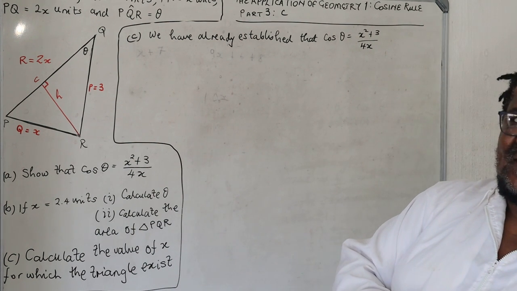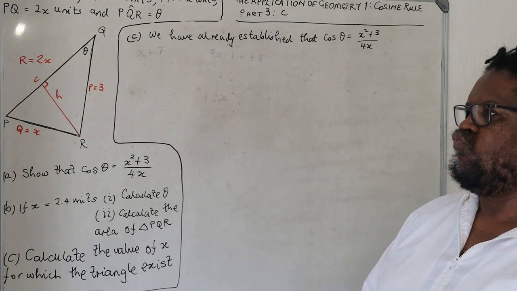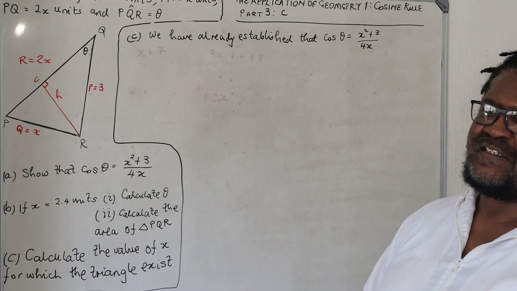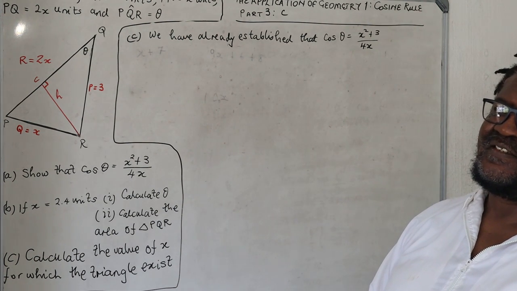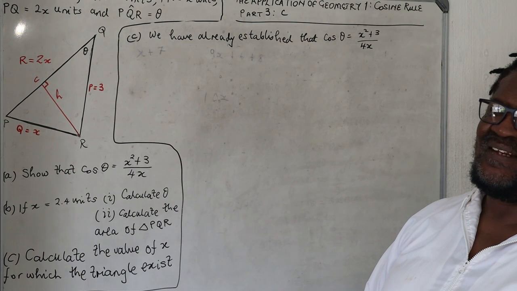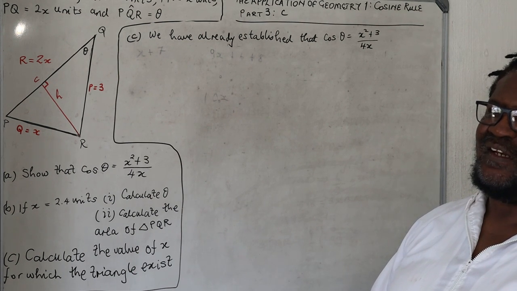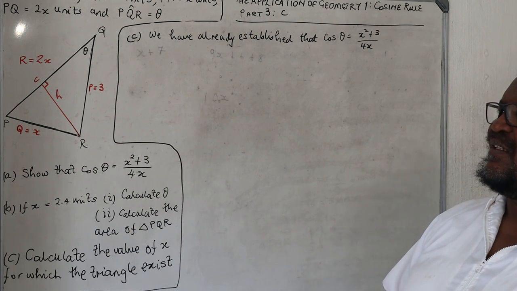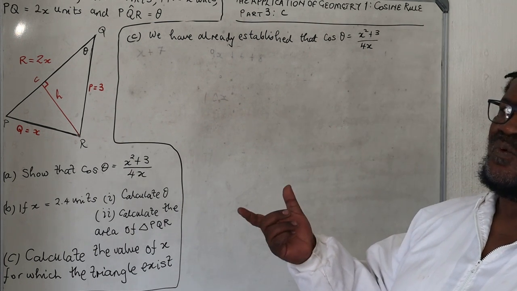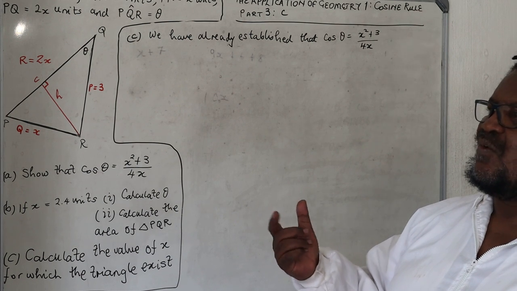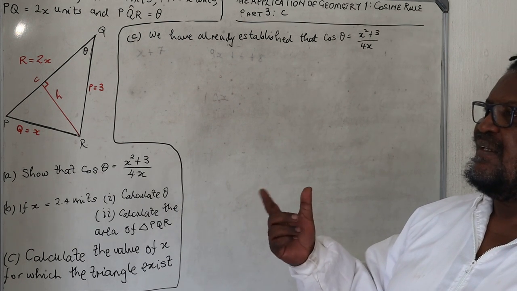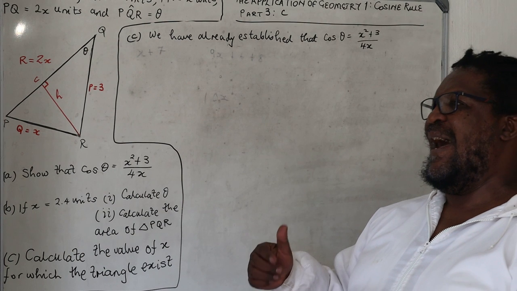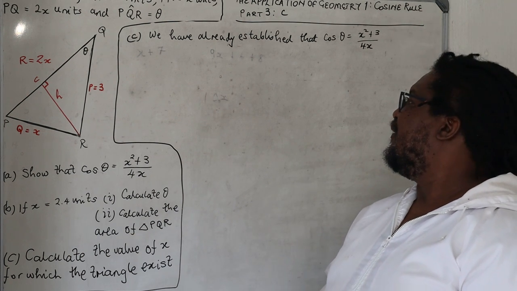And from our knowledge of trigonometric functions, we know that cos theta is a trigonometric function, and as a trigonometric function, cos theta ranges from -1 to 1. It cannot go beyond 1, and it cannot go under -1.